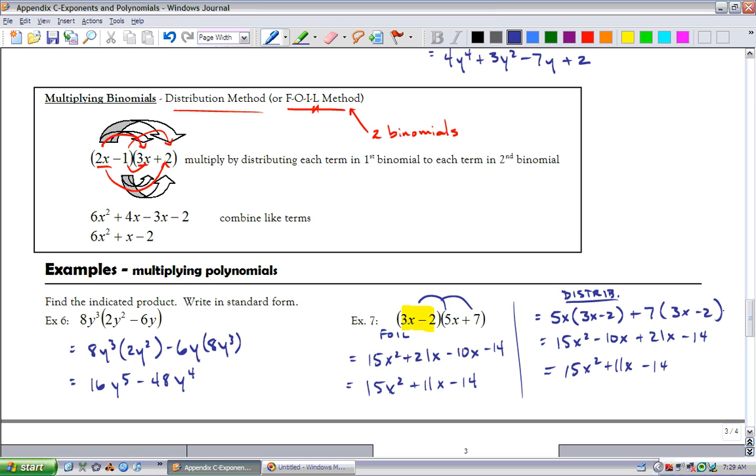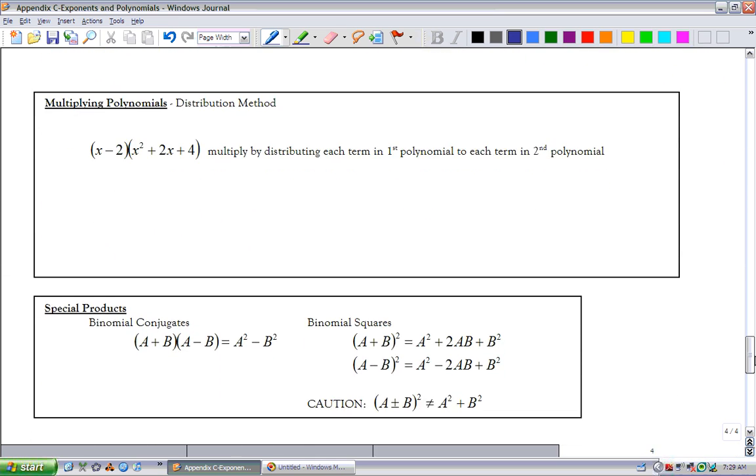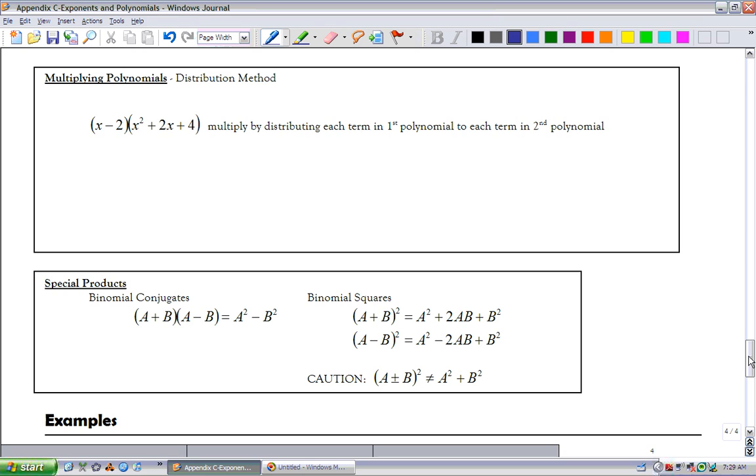The distributive method will help you in many more cases than FOIL. Another example of how that'll happen is this. We can't FOIL this situation because we need more letters. FOIL's an acronym. We don't have a first, outside, inside, last. We have more because we have this middle term now. So what I'm going to do is take this entire thing again here, this x minus 2, and distribute it to each term here.